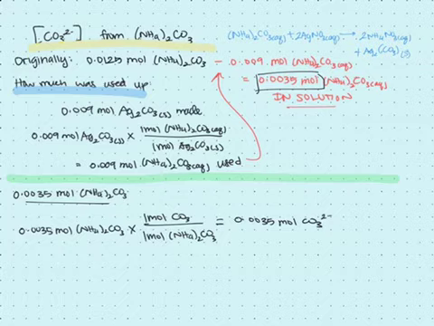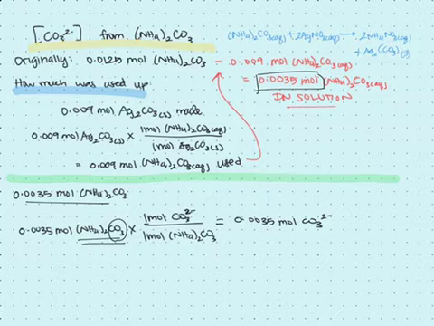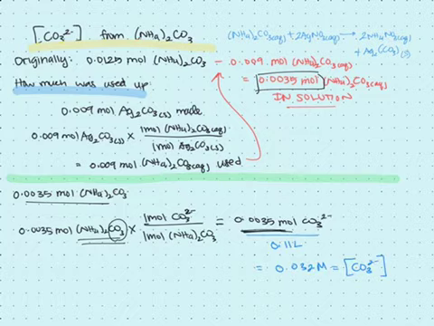You need to find the molar ratio of the ion to the compound, which in this case there's only one carbonate ion to the whole compound, so it's just a 1-to-1 ratio, which means there are 0.0035 moles of the carbonate ion. Now we can find the molarity of the carbonate ion by dividing the moles by the liters of solution, which results in a concentration of 0.032 molarity of carbonate.